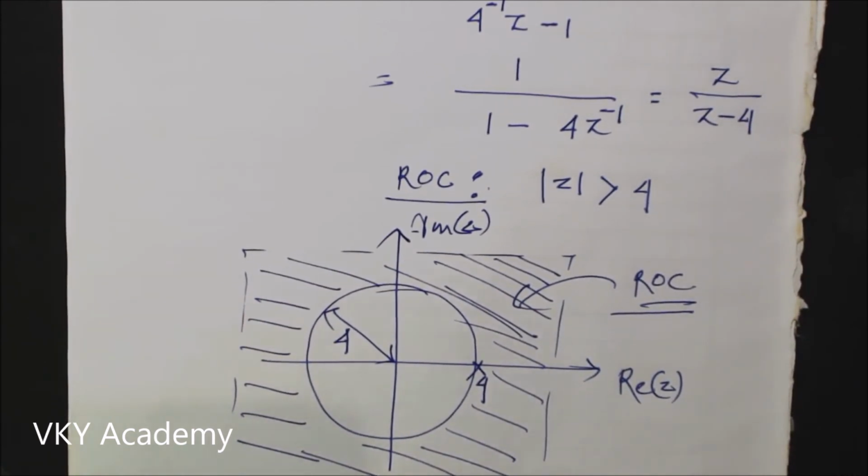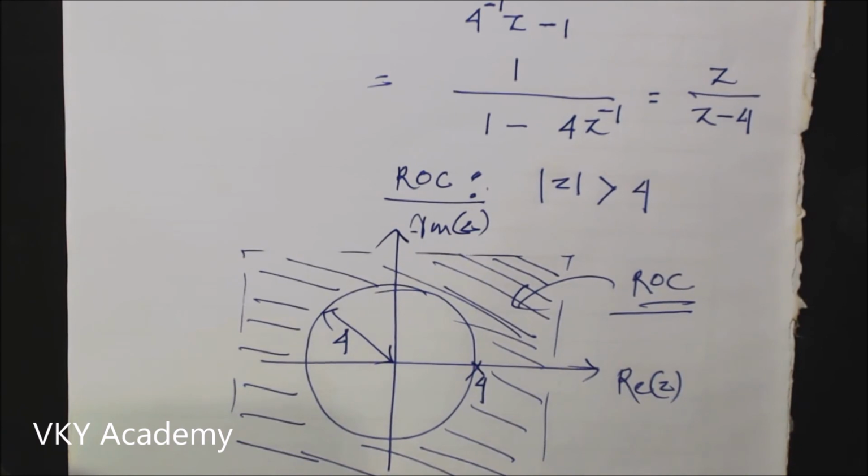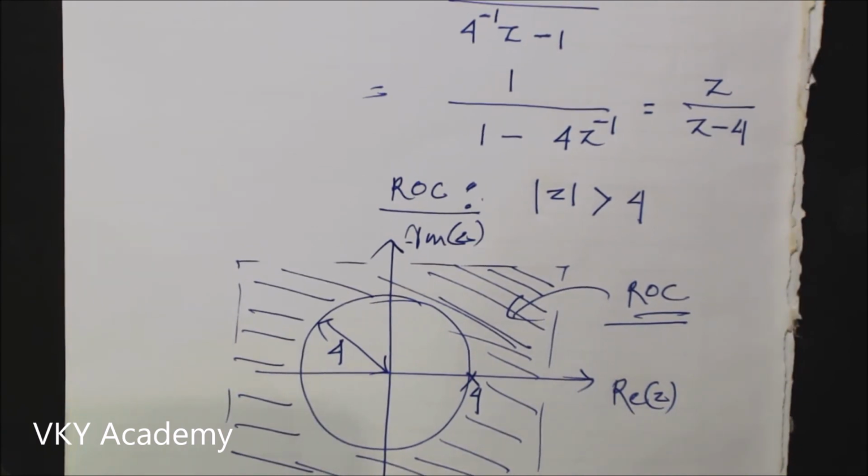So in this way you can determine the Z transform and region of convergence with the help of multiplication with exponential property, or you can say scaling property of Z transform. Thank you.